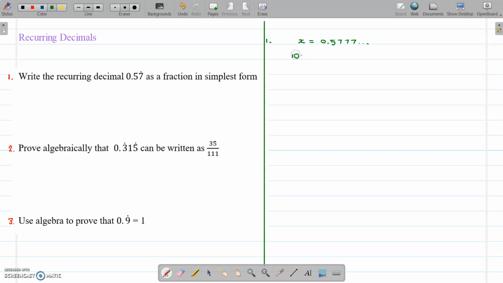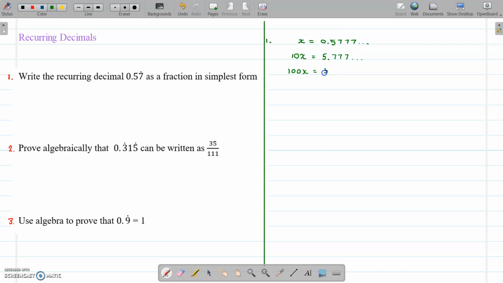And work that out. It simply means shifting the digits along so that the decimal point is in a relatively different place. So it's 5.777, and then I do 100x. Now, obviously, you don't just keep going forever. You stop when something happens. What you're looking for is when you notice the part to the right of the decimal point equaling something you've previously done.